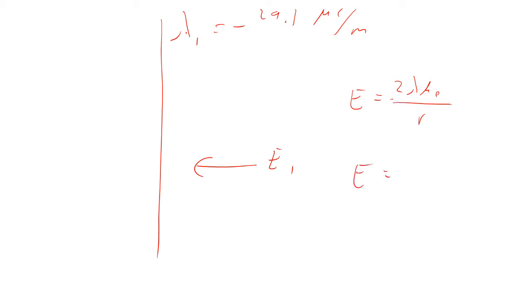That's the same as the way the book writes it, lambda over 2 pi epsilon naught r. Either way works. Either way is really the same thing because we know that k sub e is 1 over 4 pi epsilon naught. So both are legitimate ways of writing it. Okay, so we know everything we need to know there.